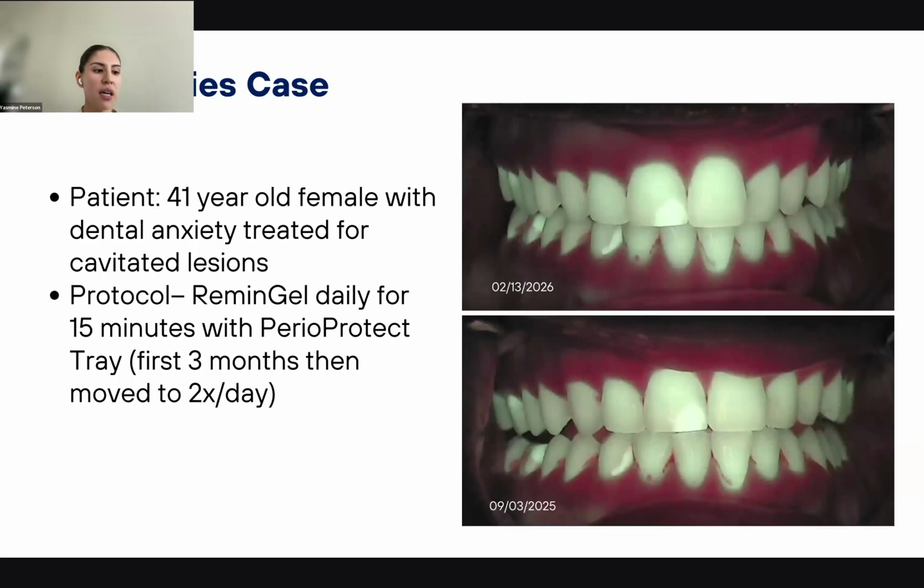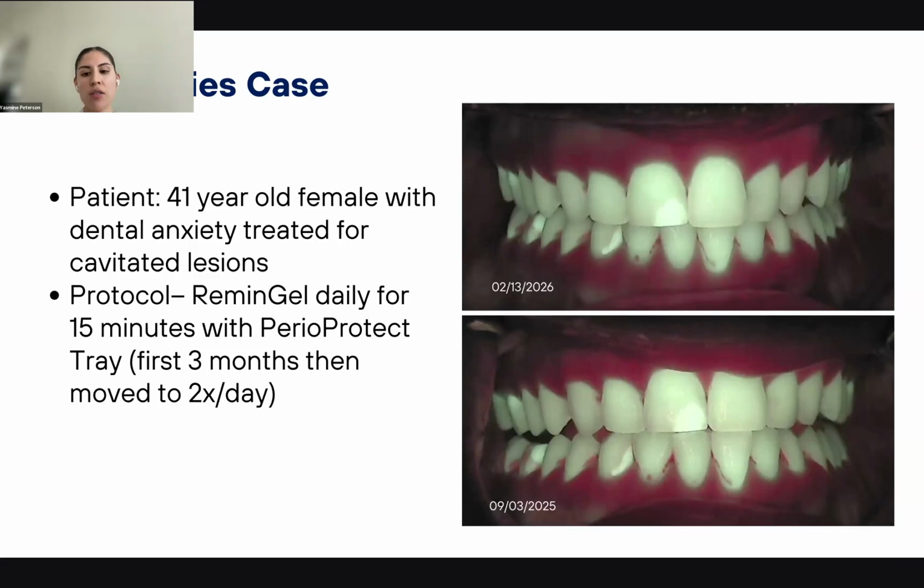Okay, so this is a caries case. Like I said, this probably isn't the most ideal candidate for Remingel, and she knows that, but she is a 41-year-old female and she has dental anxiety and she has cavitated lesions all over.